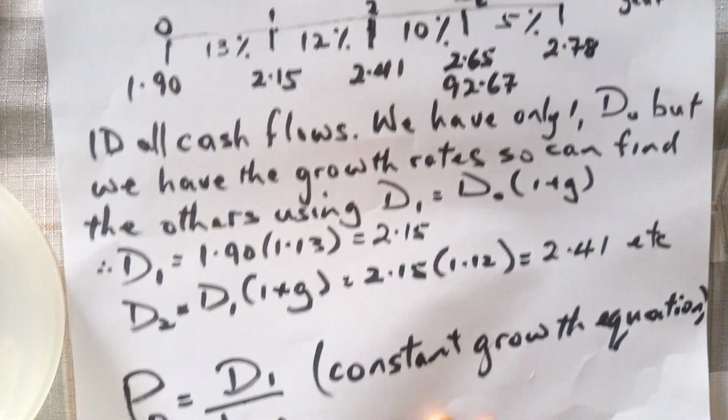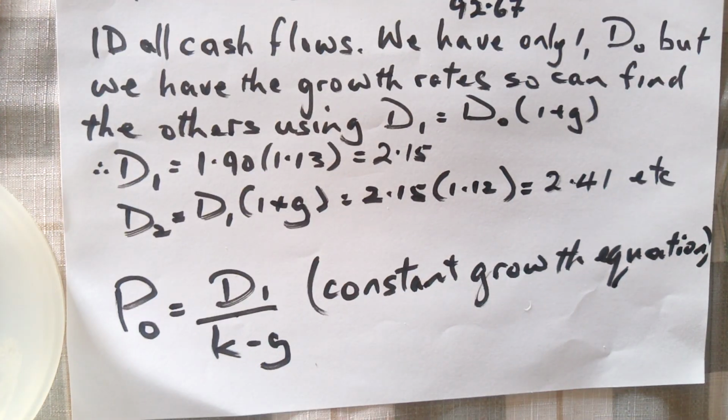So we come to the key step, this equation called the constant growth equation: P0 equals D1 over (k minus g). This is a general equation, very general, and we have to tailor it to suit our particular use. The thing to bear in mind is that the constant growth equation only applies where growth is constant.